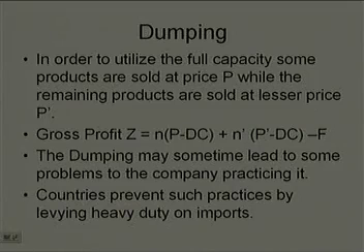Now, in order to avoid dumping, some countries levy very high excise duty. If some countries come to know of this dumping, then sometimes they may blacklist that particular company itself, and this is how countries try to curb dumping practices.